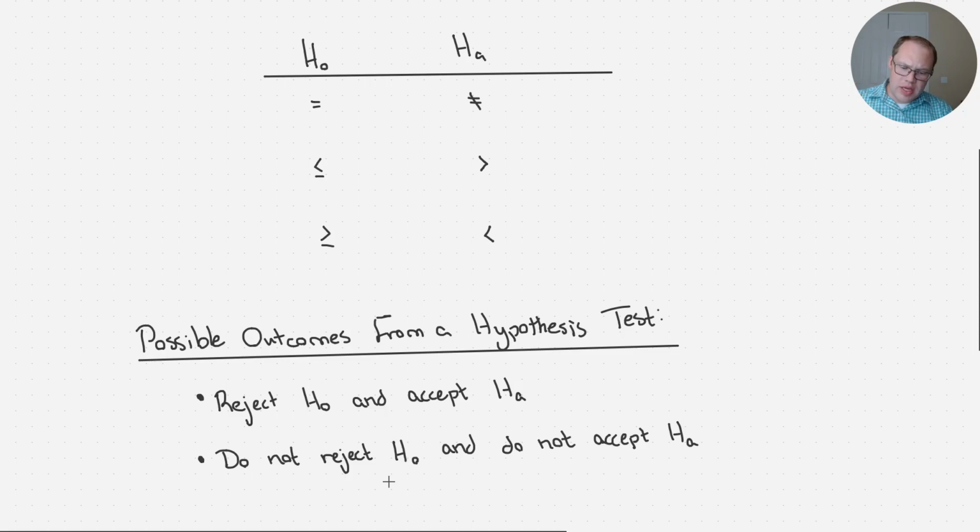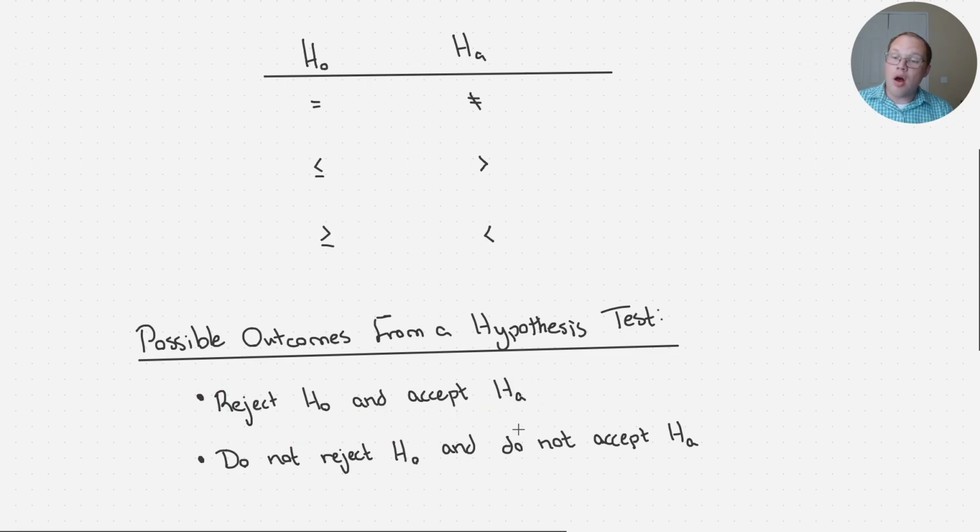If the sample we got was extremely unlikely, would be very unlikely to get if the null hypothesis was true, then we'd say, you know what? We don't think we're that lucky. We think that in fact the null hypothesis isn't true. And so in that case, if our sample data deviates far enough from the null hypothesis, we might reject the null hypothesis, say we don't think that's in fact accurate. We instead accept the alternative hypothesis.